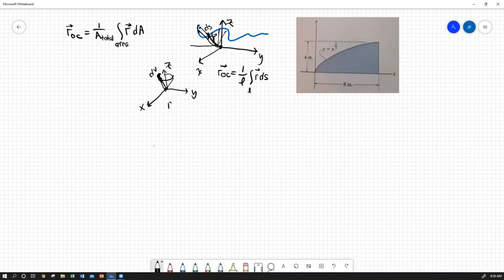In that case, the radius to the centroid is going to be equal to 1 over the whole volume, I'll say Vt for V total, times the integral over the whole volume of the cone of R dV. So it's all the same. It's a ratio of the average distance from some reference point integrated over the whole thing divided by the whole volume, the whole length, or the whole area.